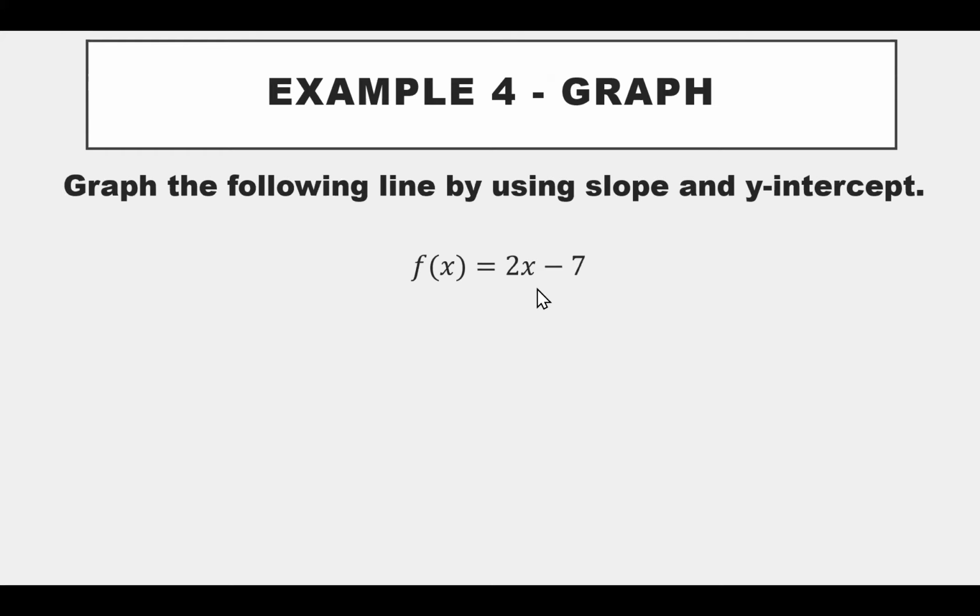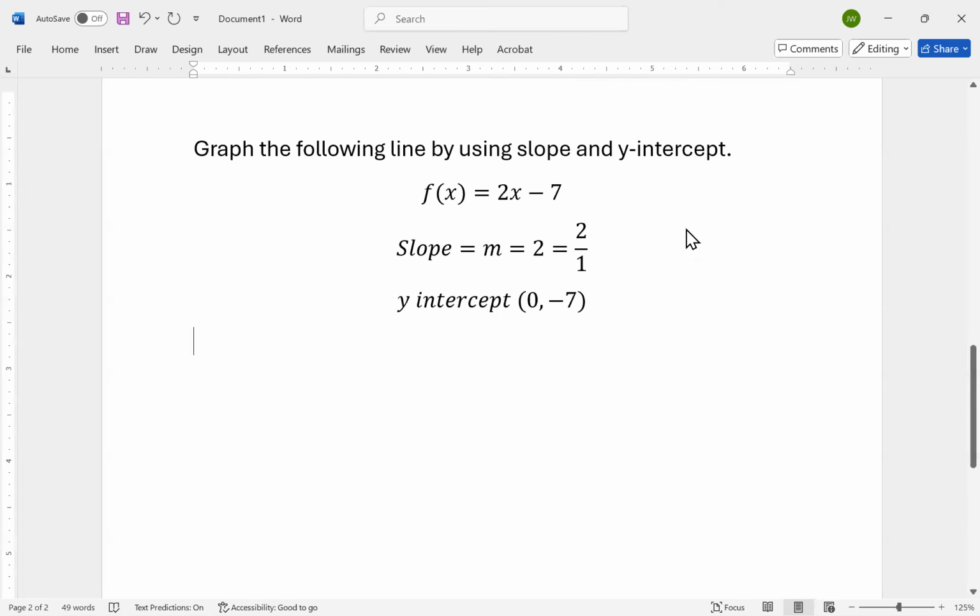And because it's in this form, we can see that the y-intercept is going to be 0, -7, and the slope is going to be 2. The y-intercept is pretty straightforward. If you ever want to find the y-intercept, you just plug in 0 for x, and plugging in 0 for x gives you a -7. So -7 gets you there.